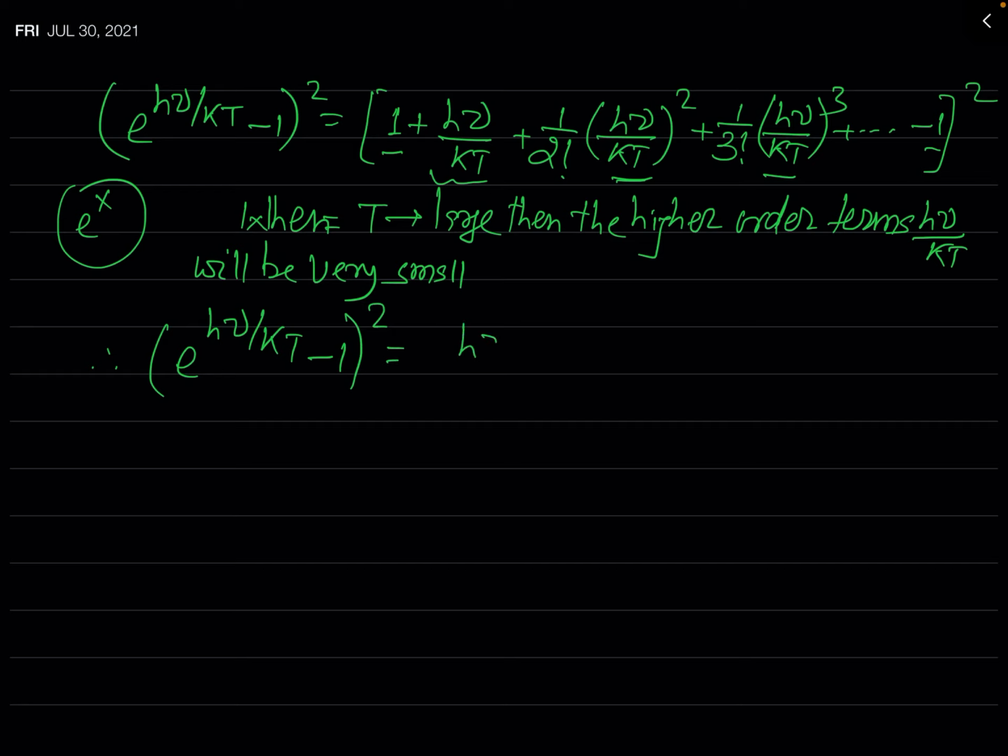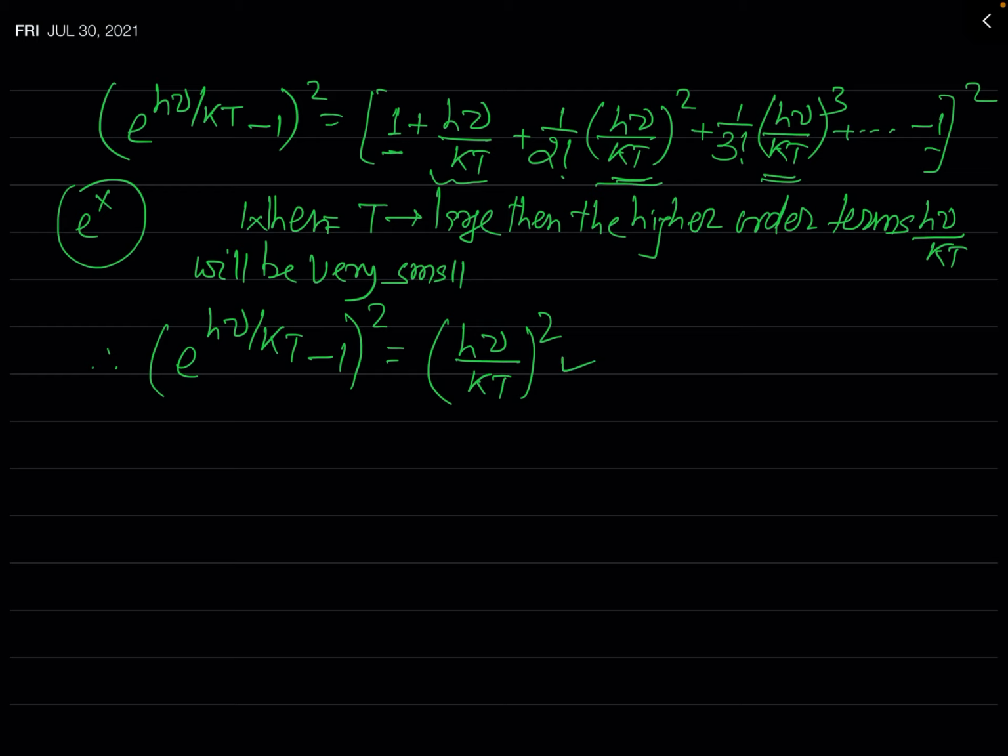This will be simply equal to h nu by kt whole square. Here we have neglected all the higher order terms, and this one has been cancelled out.